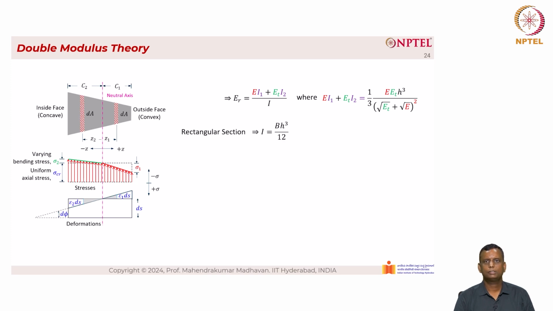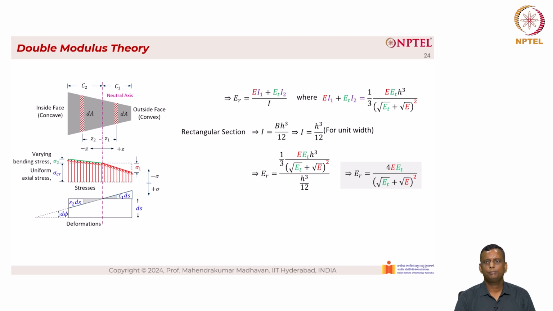For a rectangular cross section, I equal to b h cube by 12, where h is the depth of the cross section and b is the width of the cross section, and which can be further simplified as I equal to h cube by 12 for unit width. Substituting the above in the equation, we have e sub r equal to 1/3 of e into e sub t into h cube divided by root of e sub t plus root of e the whole square, whole divided by h cube by 12.